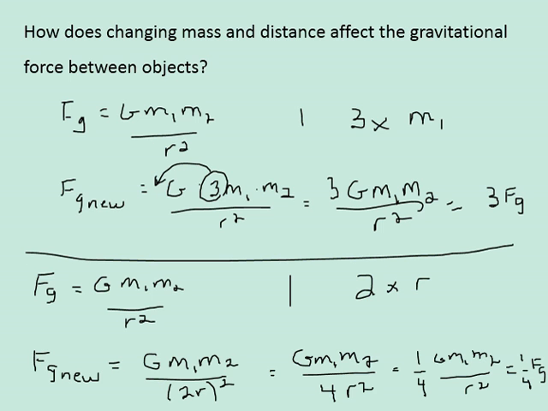So it's just showing that relationship now of when we change the distance between two objects, the closer they get together, the larger the force will be. The further apart they get, the smaller the force will be. So again, you don't need to know any of the individual masses or distances, but you can figure out relationships if you know by what factor you multiply any of the variables. Okay, hope that helps with starting your problems.